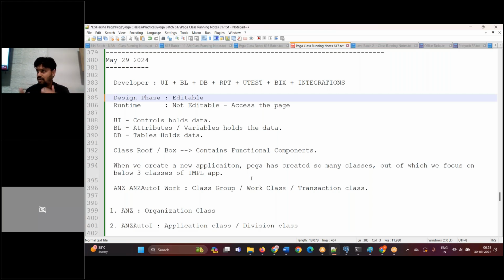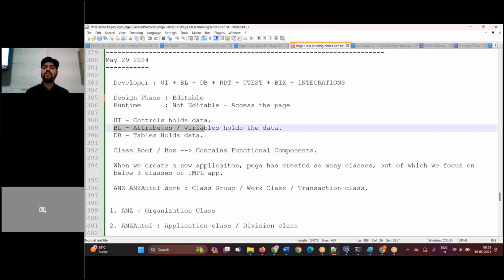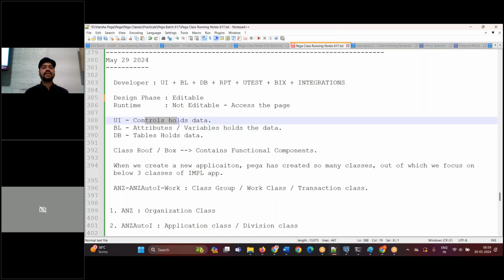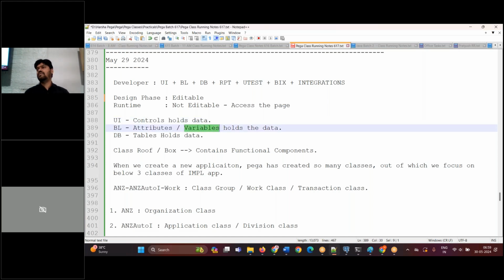An input control is a data holder at the user interface level. If the screen wants to hold data, which one will hold it? Control. Whatever data you submit, that data moves from the user interface to business logic. So there should be something to hold this data at the business logic level, right? So in the UI, controls are data holders. In the business logic, variables are data holders.